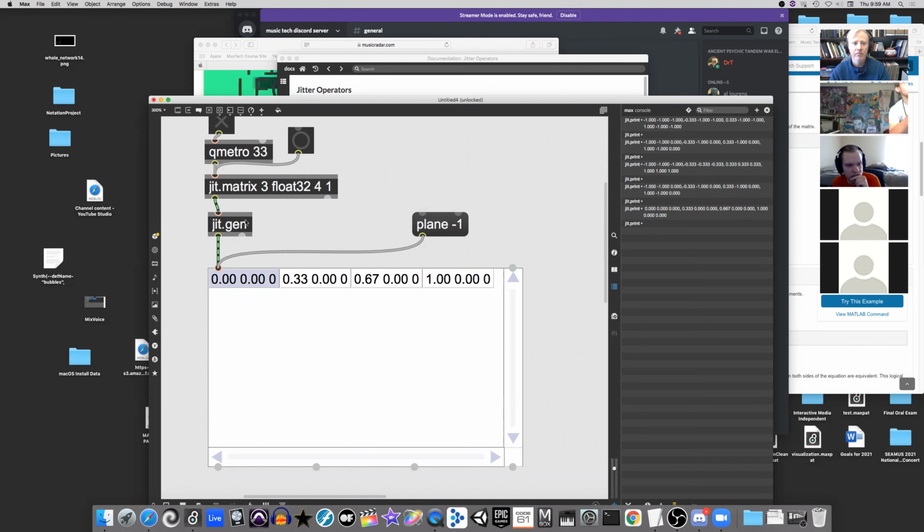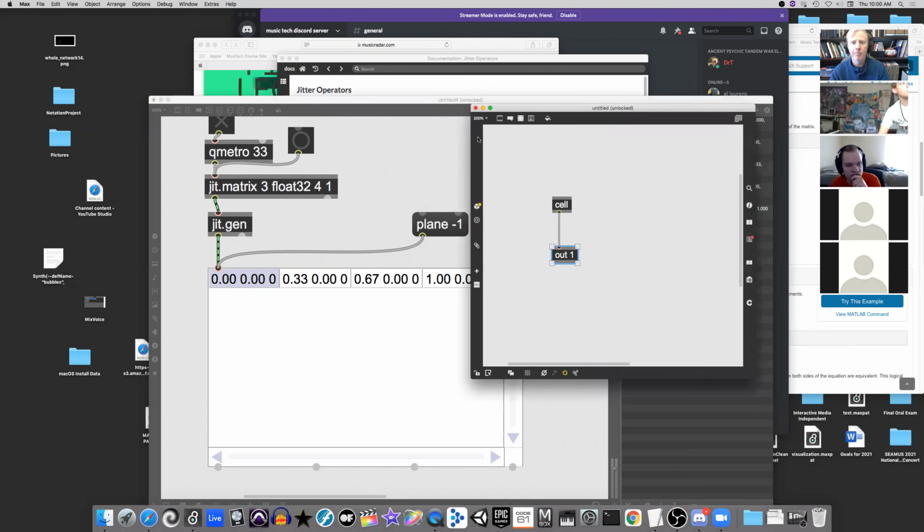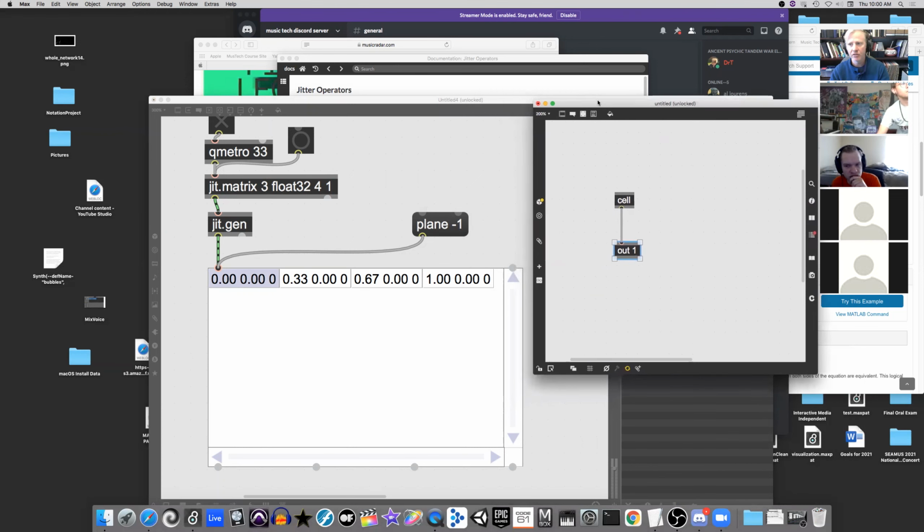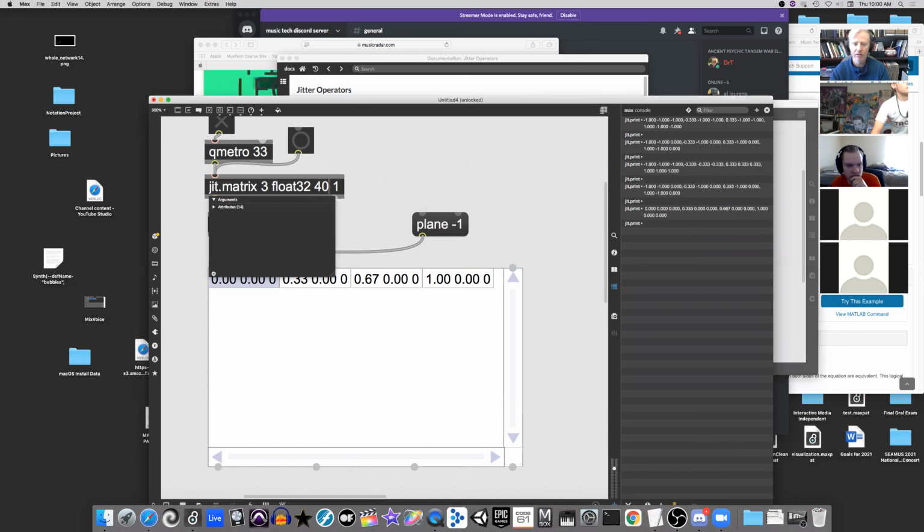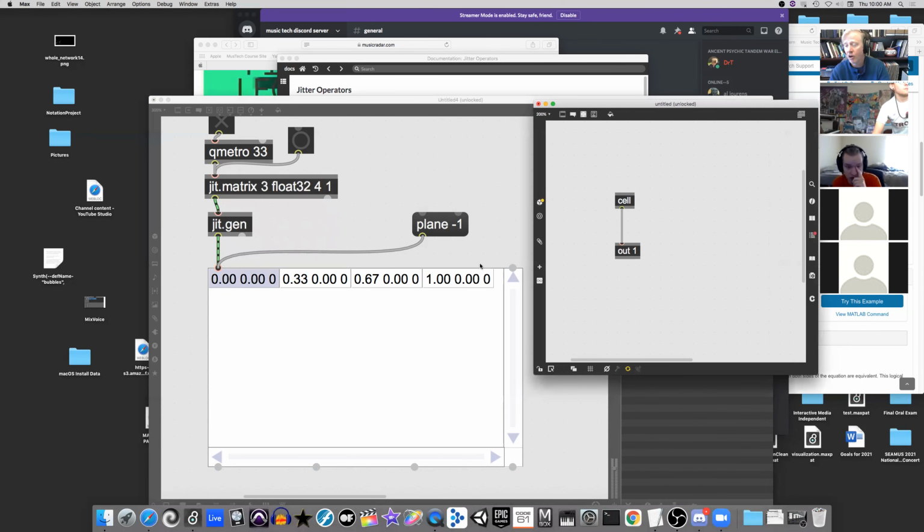Well, it's bound by the dimensions. So if the dimension were higher, if this were 40, then we would have 0 to 39. But it's not reflective of the value stored at the dimensions. It's returning the dimensions themselves. I would say it's returning the index of the column, or the column number and the row number.